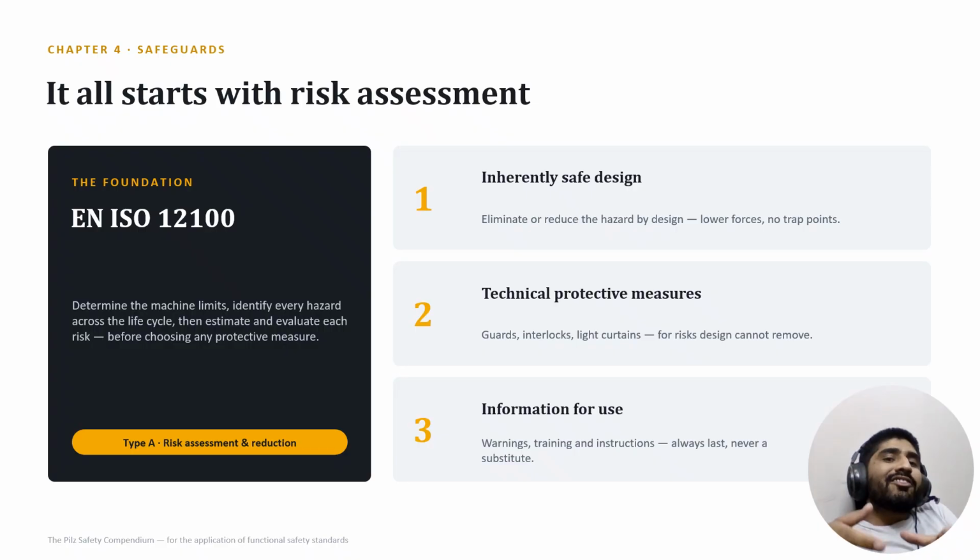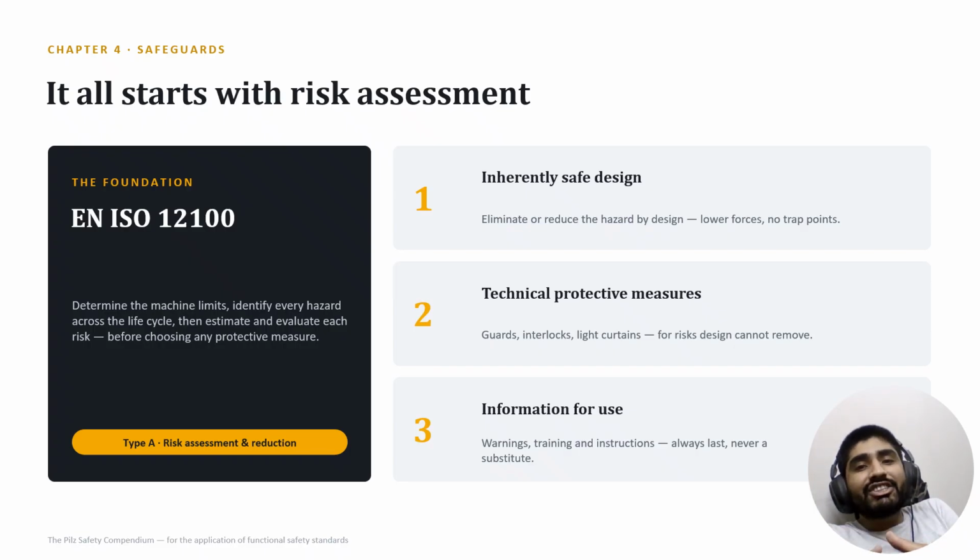Every protective measure begins with the risk assessment, defined by the Type A standard ISO 12100. The process is systematic. Determine the limits of the machine, identify the hazards across its whole life cycle, then estimate and evaluate the risk for each one.